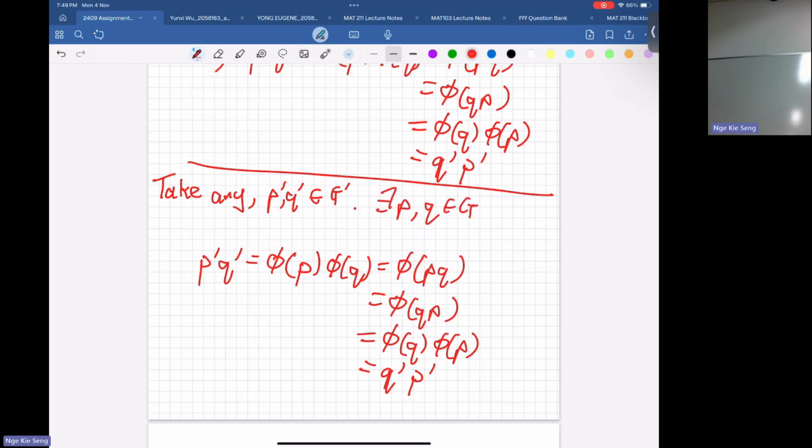Okay, last line here, since this is very important, P prime, Q prime are arbitrary, G prime is abelian.